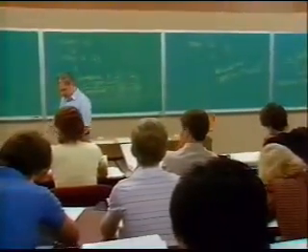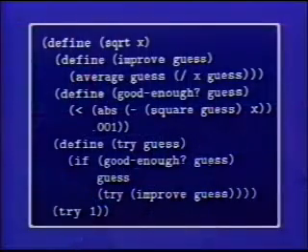The way to read this kind of procedure is to say, to define square root, well, inside that definition, I'll have the definition of an improve, and the definition of good enough, and the definition of try, and then subject to those definitions, the way I do square root is to try 1. And notice here I don't have to say 1 as a guess for the square root of x, because since it's all inside this square root, it sort of has this x known.